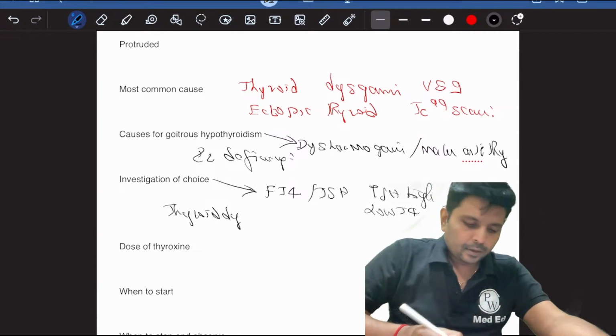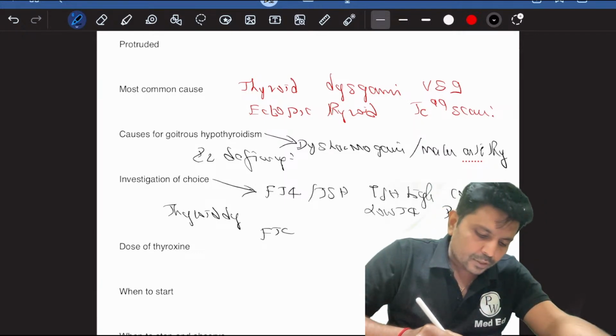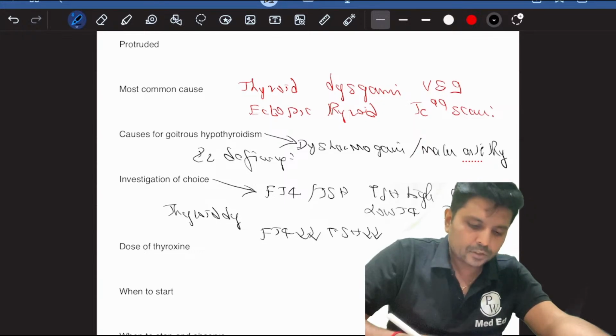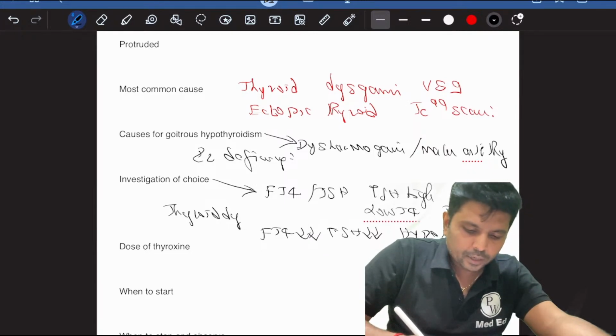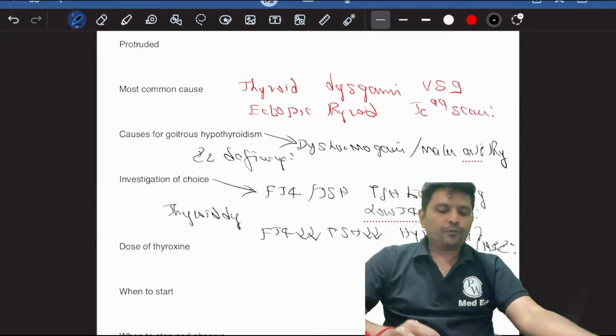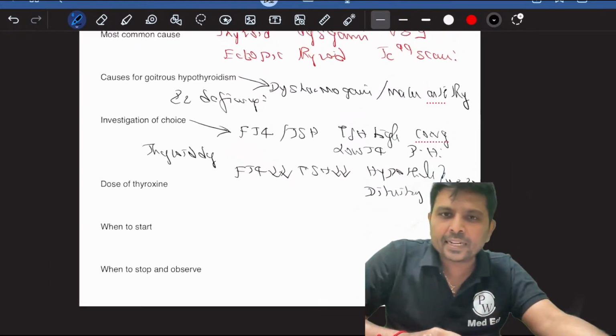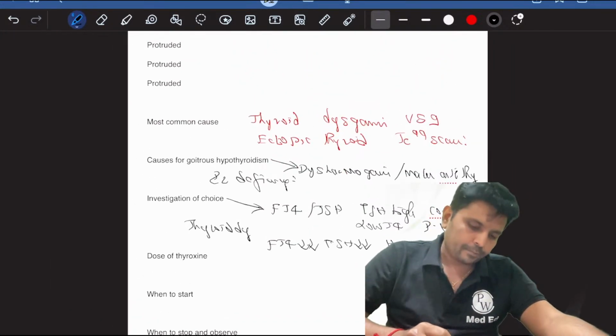Whereas when free T4 is low and TSH is also low, it means it is either a hypothalamic or pituitary disorder. So you need to take an MRI brain to find out the structural defect.